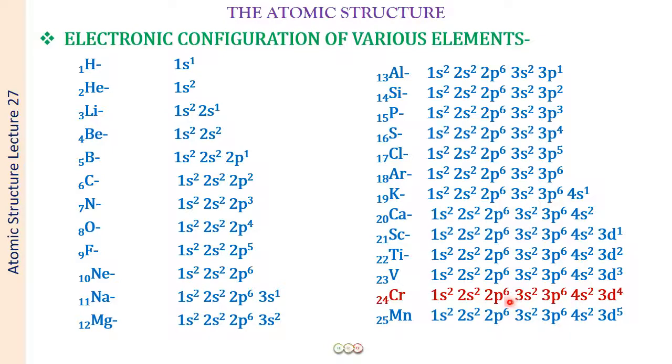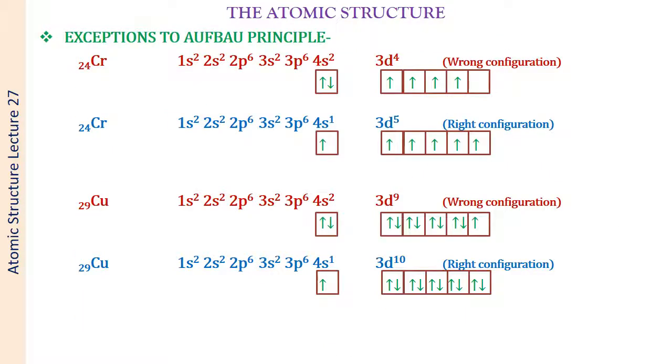Now why I have written this in red color is what we have to explain further on the next slide. Okay, so this chromium configuration is going to be an exception to the Aufbau principle, because this is actually an application of Hund's rule of maximum multiplicity, that we know that fully filled and half filled orbitals are more stable.